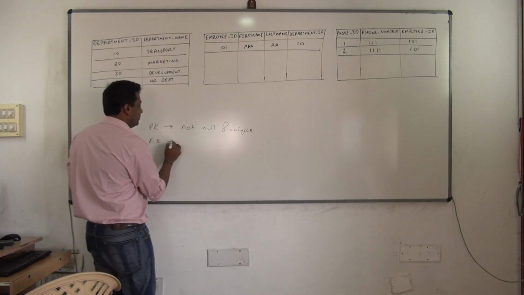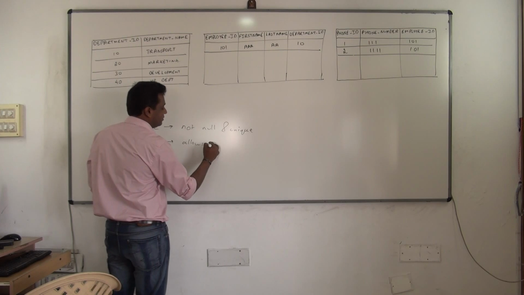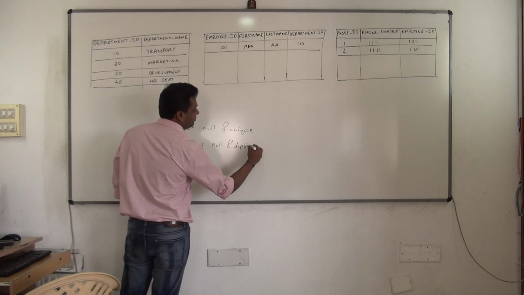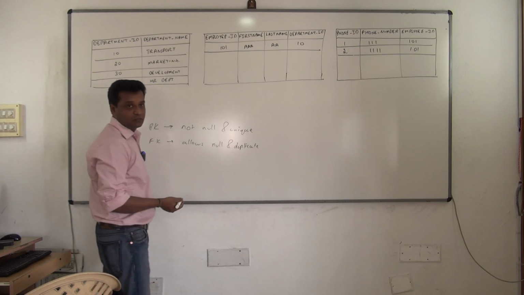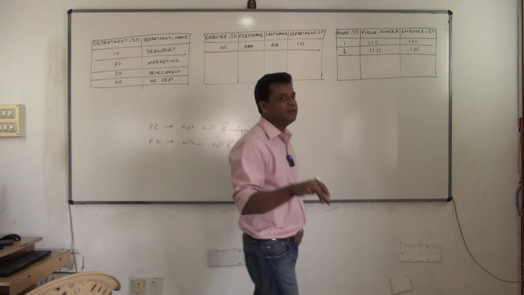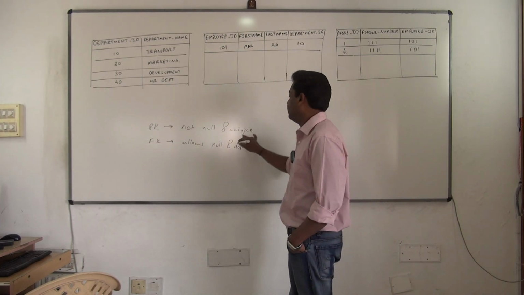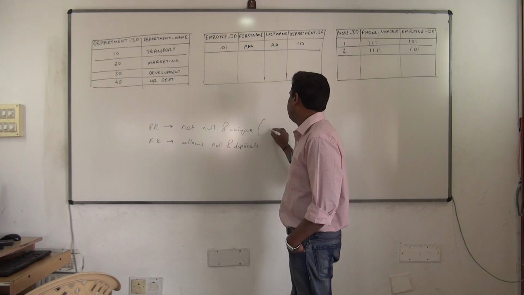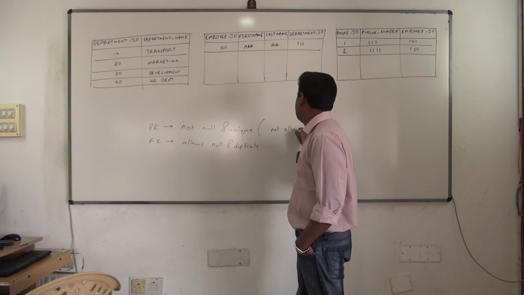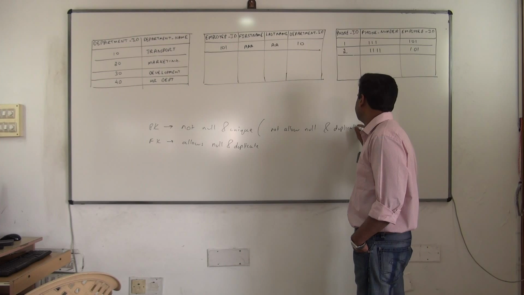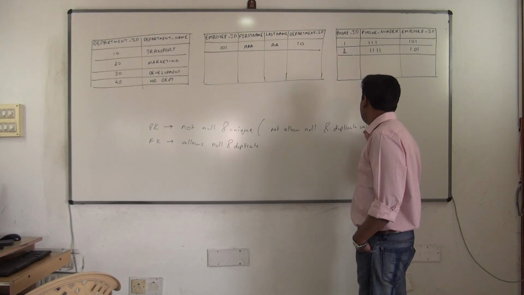Foreign key allows null and duplicates, means these two constraints are not there for it. For primary key, by default, implicitly it will have two constraints: not null and unique, means it will not allow null values and duplicate values. Primary key, these two it will not allow.